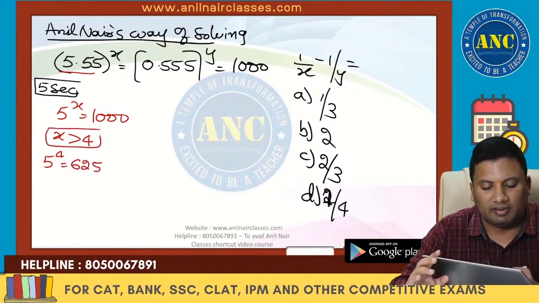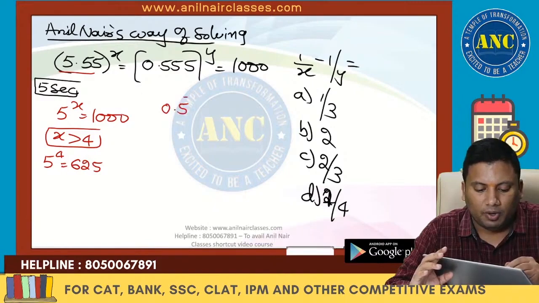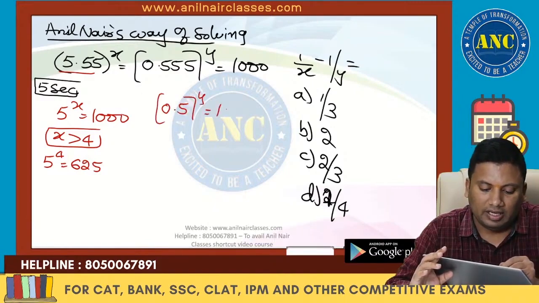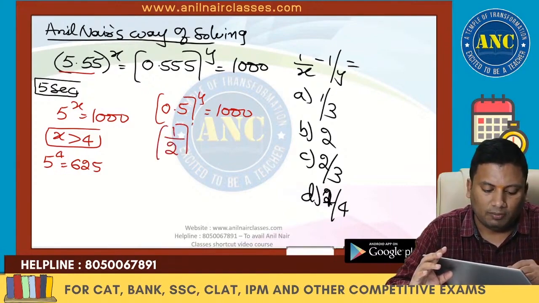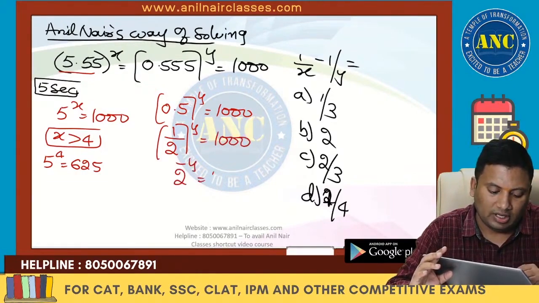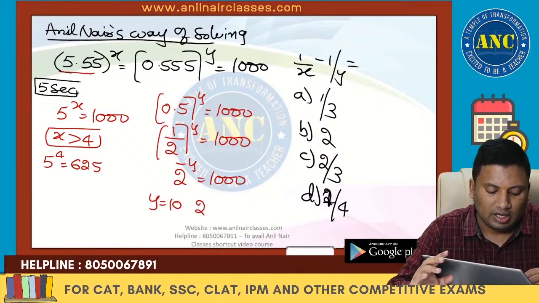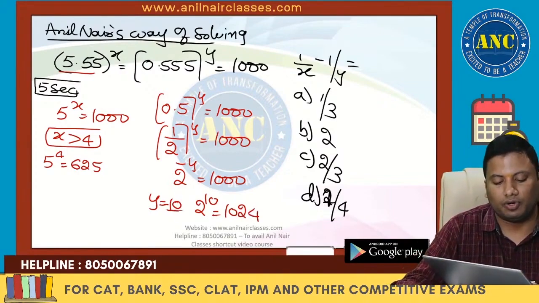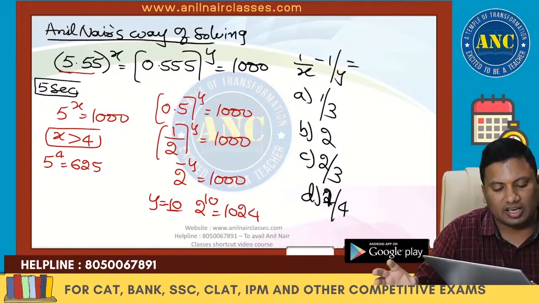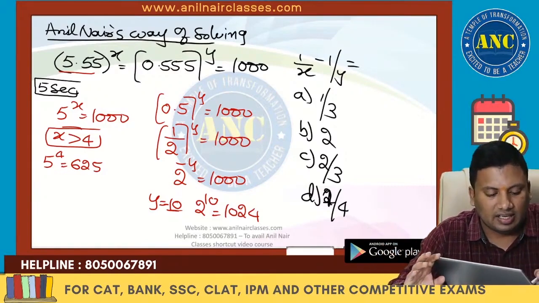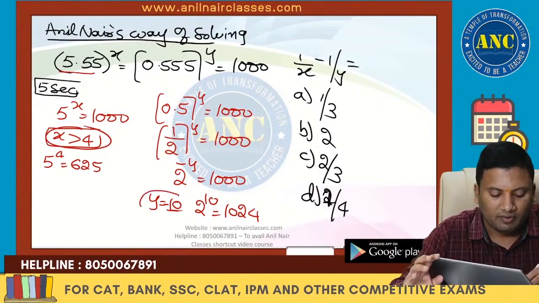This is nothing but 0.5 power y equal to 1000. 0.5 is 1 by 2, so 1 by 2 power y is 1000, that is 2 power minus y is 1000. If y is 10, 2 power 10 will be 1024. So y is around minus 10, x is around 4 point something.